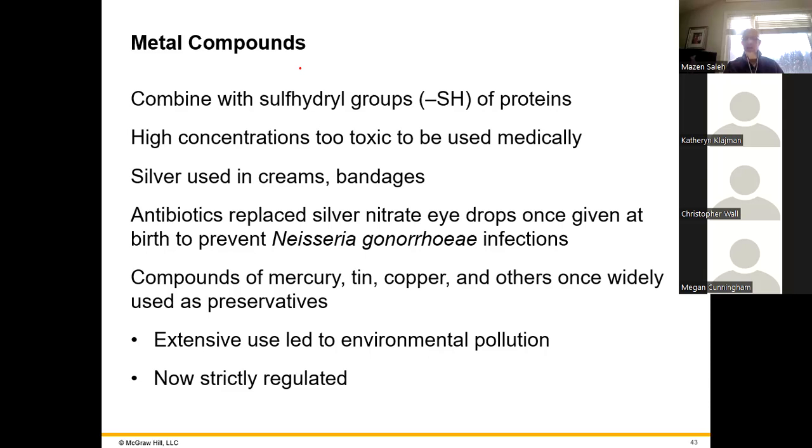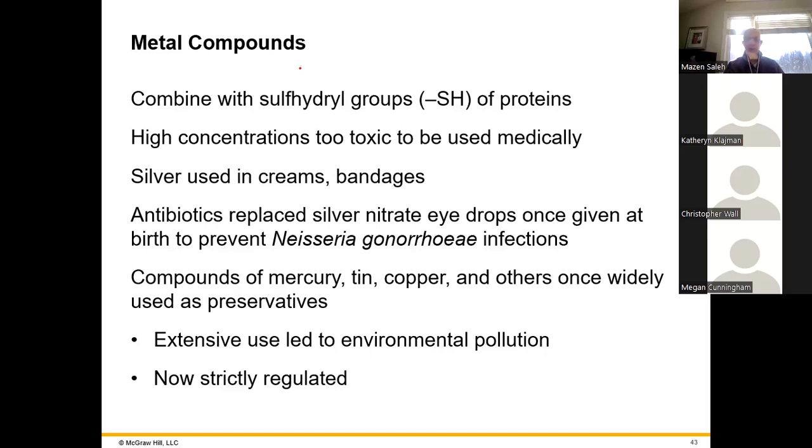Silver nitrate eye drops used to be very effective in eliminating those infections, particularly due to Neisseria gonorrhoeae. But today, they simply use antibiotics in the form of paste or eye drops. If it's a paste, they simply rub both eyelids with that paste, or use a few drops of standard antibiotics that we have to replace the silver nitrate.